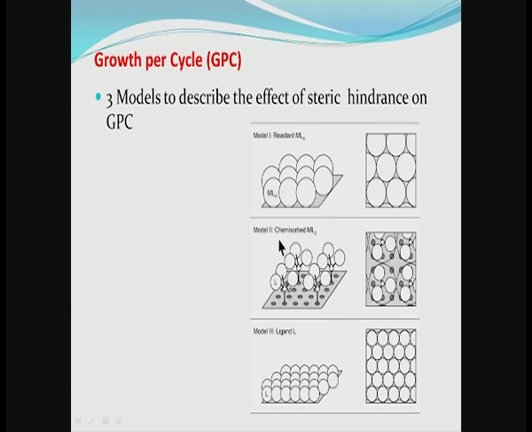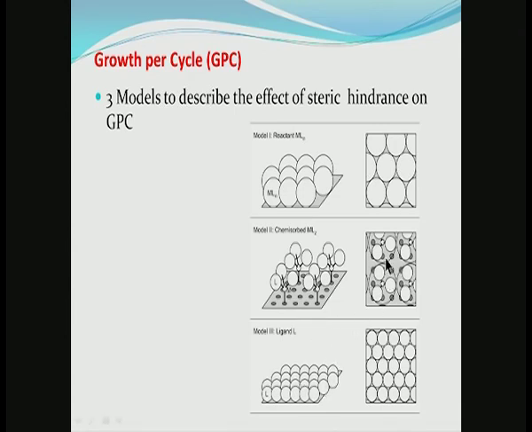The model 2 is a chemisorbed large molecule over here, and when that happens, as the adjoining figure shows, there is a significant amount of void, much more than in the case of model 1, a significant amount of void on the substrate as in the case of the zirconium acetyl acetonate that I mentioned a while ago.